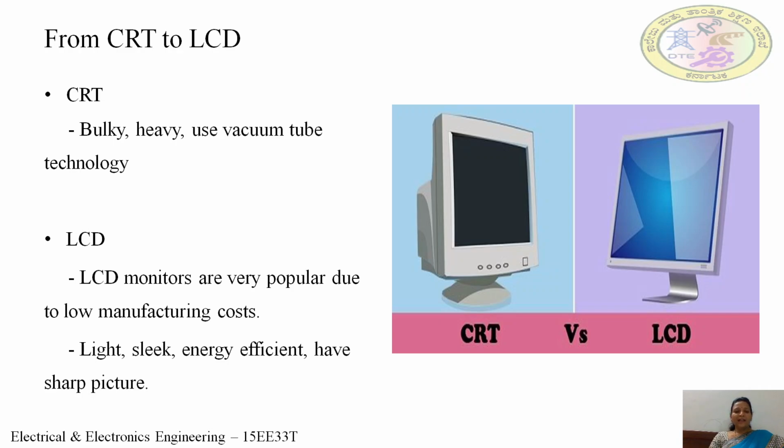Also they are very light and sleek, energy efficient, they consume power in terms of nanowatts. So their energy consumption is very less when compared to other display devices. And also they have a very sharp picture. So because of this, we shifted from CRT to LCD.